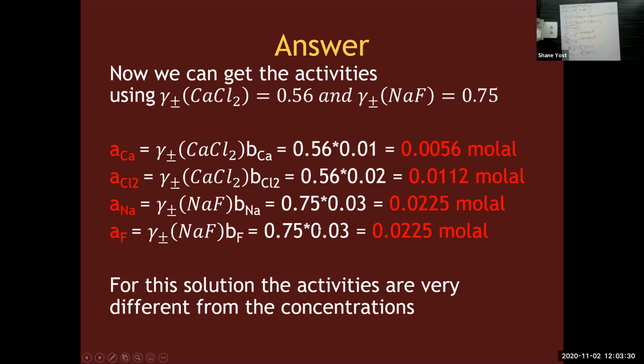And then for sodium and fluoride, it's 0.022 and 0.0225, for both of those. So in this example, the activities in the solution are significantly different than their actual ion concentrations, 25% different, almost 50% different for these ions.